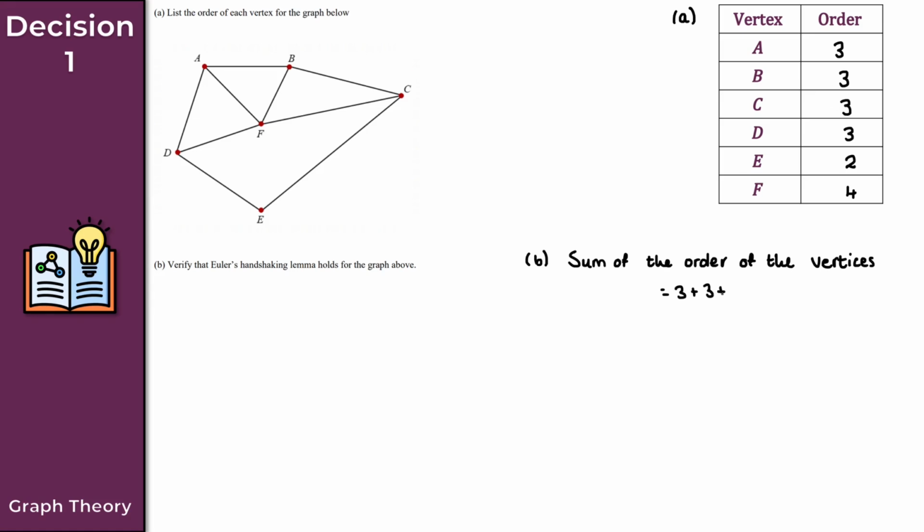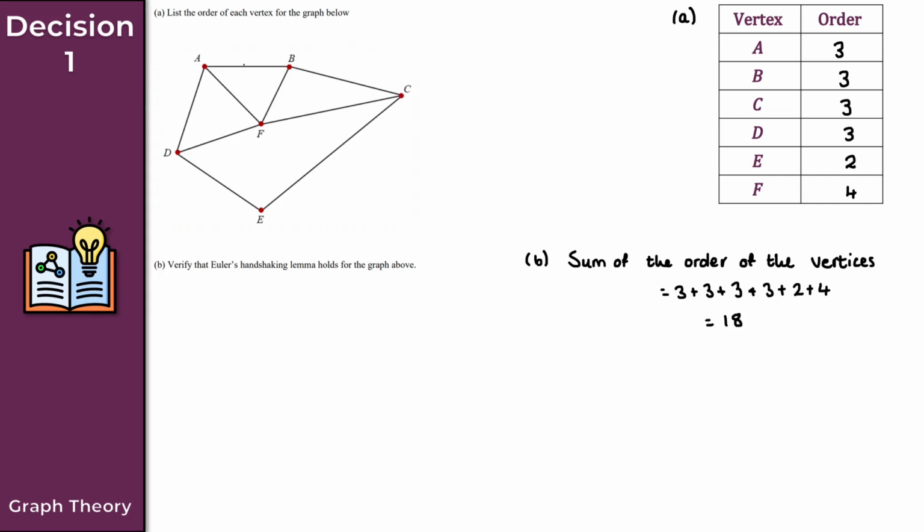Let's write this down in full anyway. So 3 plus 3 plus 3 plus 3 plus 2 plus 4. As we just evaluated, that gives us 18. Perfect.